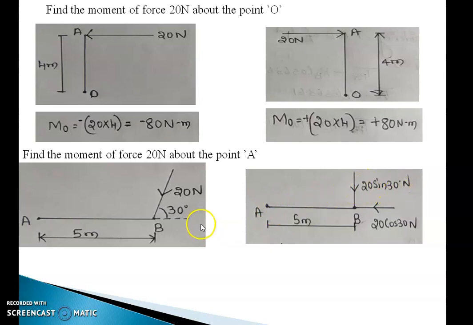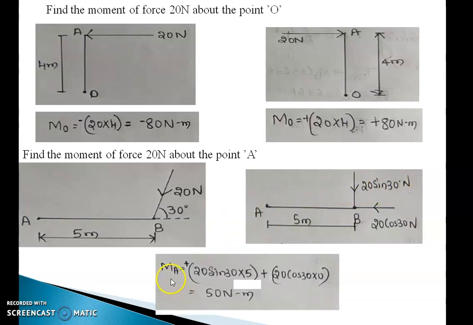For that, first consider any one of the forces. I will consider first 20 sin 30. 20 sin 30 is purely a vertical force acting in downward direction. I need moment about A, so just forget about 20 cos 30.